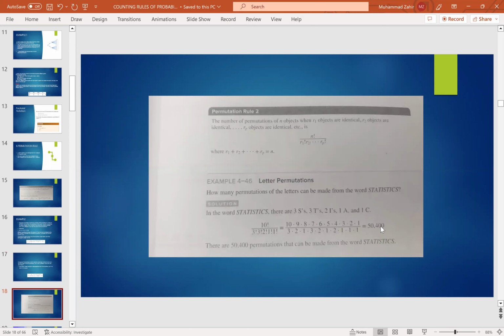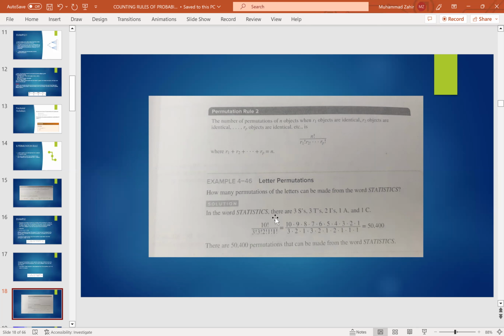Permutation rule 2. The number of permutations of n objects when r1 objects are identical, r2 objects are identical, and so on up to rp objects that are identical, where r1 + r2 + ... + rp = n. For example, how many permutations of the letters can be made from the word statistics?